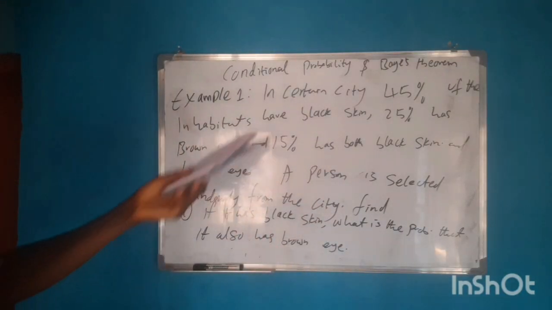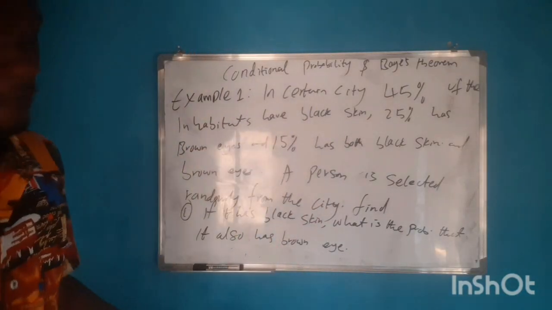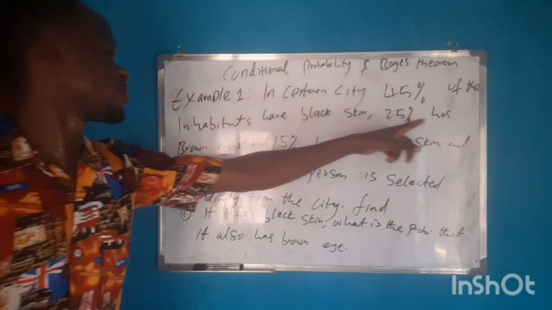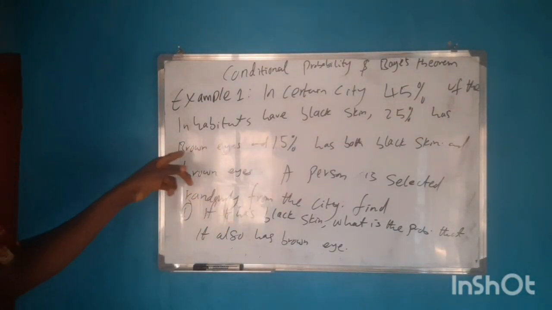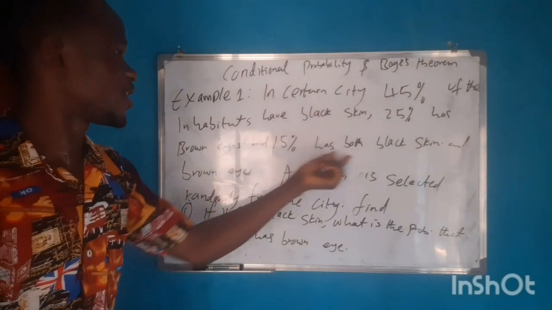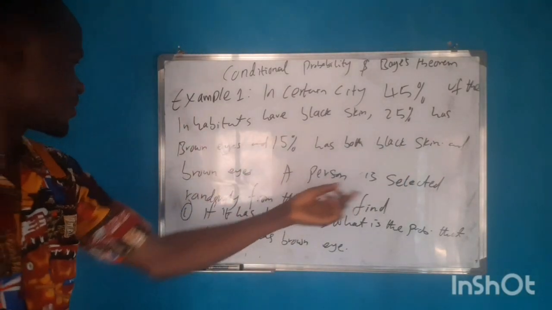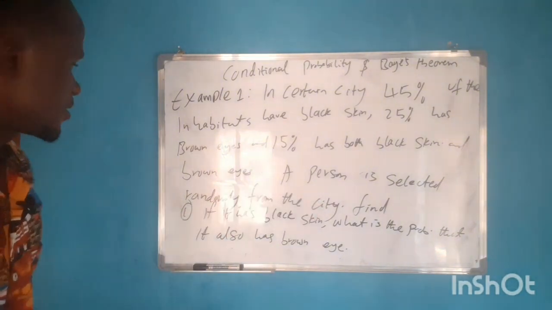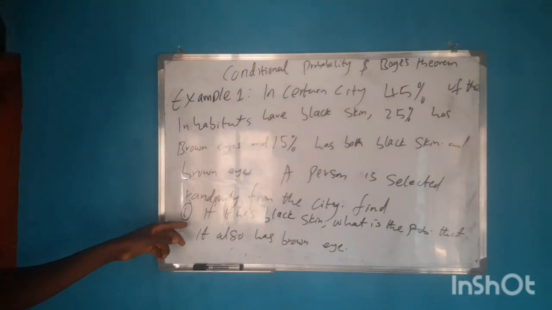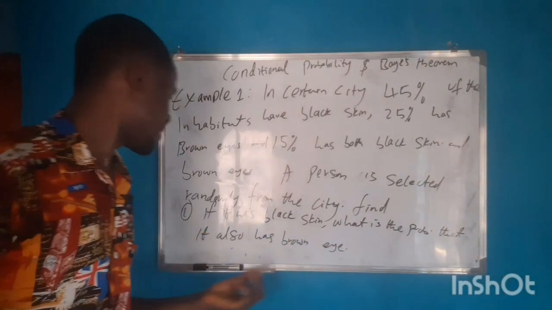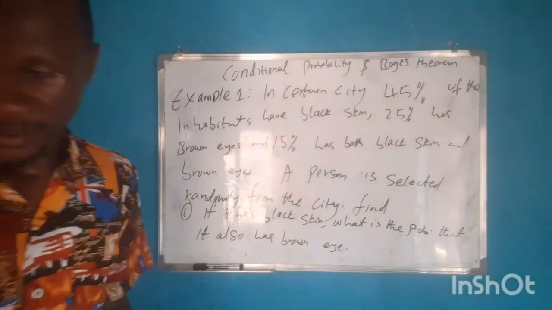The question said, in a certain city, 45% of the inhabitants have black skin, 25% have brown eyes, and 15% have both black skin and brown eyes. A person is selected randomly from the city. We should find the probability that, if it has black skin, it also has brown eyes.